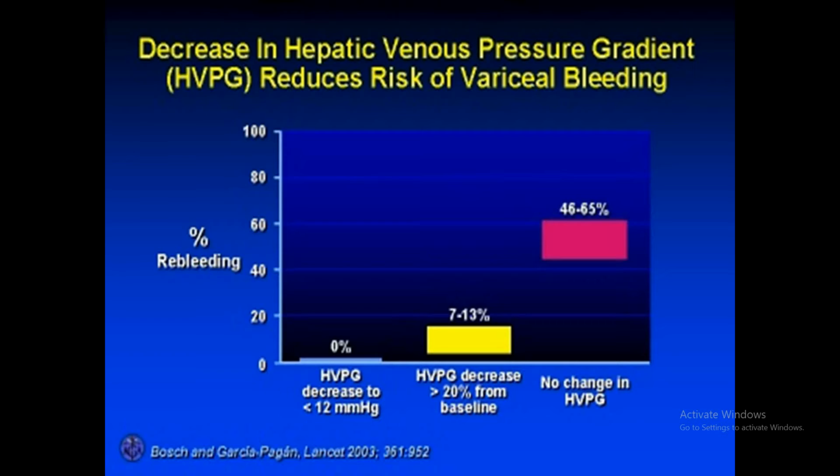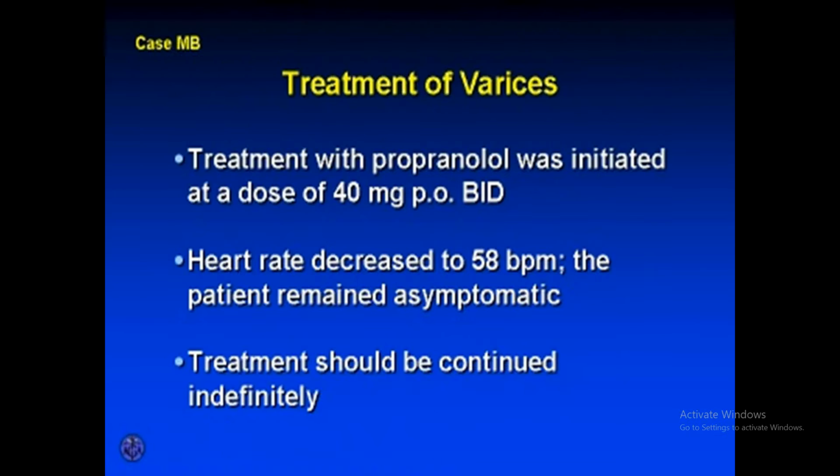This is called the hepatic venous pressure gradient. If you decrease the pressure to less than 12 millimeters, there are the least chances of rebleeding. If you increase this pressure to 20 or more, there are more chances of rebleeding.